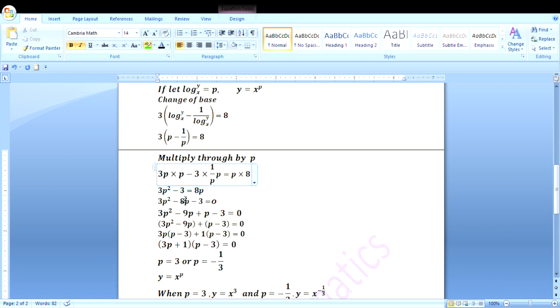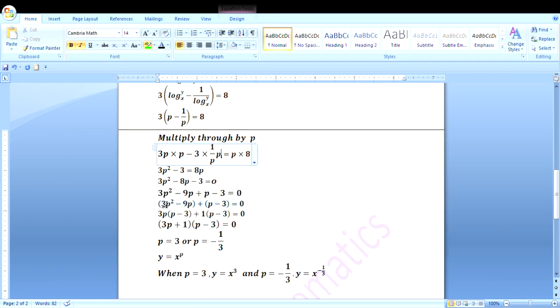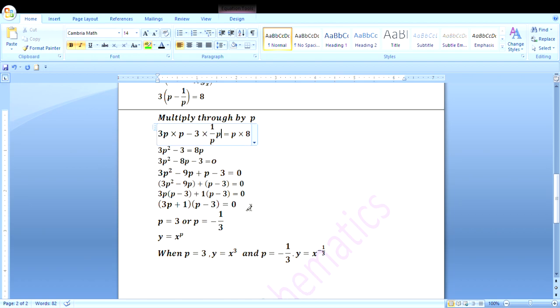The factors of minus 9p squared that can replace minus 8p are minus 9p plus p. So this becomes 3p squared minus 9p plus p minus 3 equals 0. So on factorizing, this becomes open bracket 3p squared minus 9p close bracket plus open bracket p minus 3 close bracket equals 0.